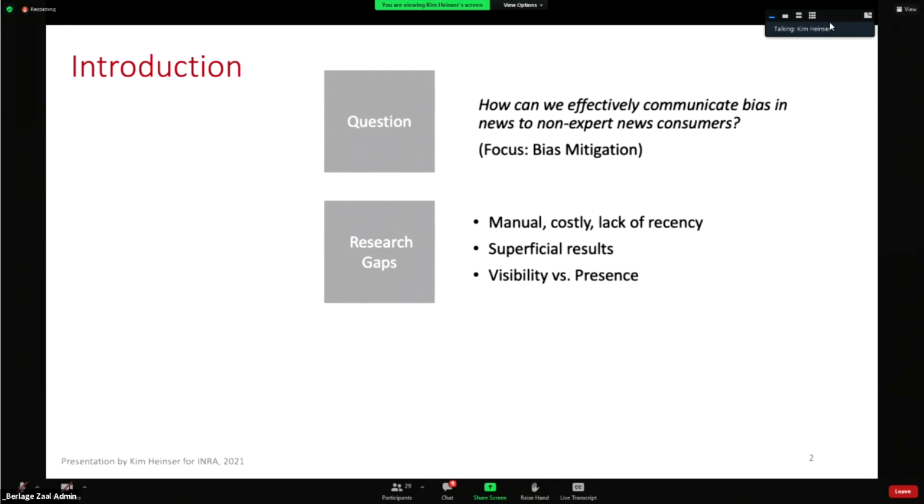However, even an outlet that is more left focused could have certain articles that have more center content or even right-wing content. And sometimes the methods previously used were more focusing on making this visible rather than is there actual bias presence in this article.